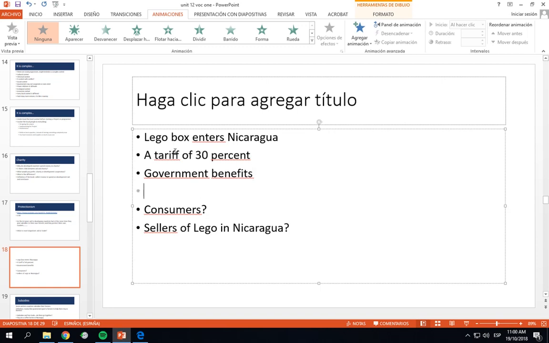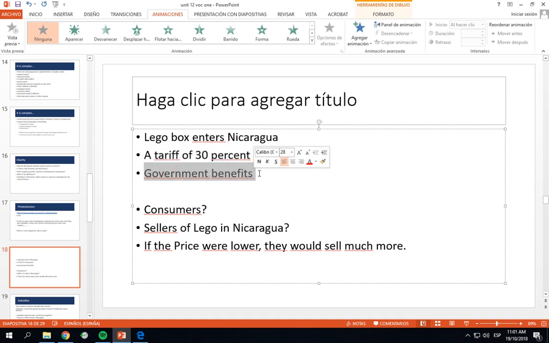Okay, it's very clear that the consumers suffer because of this, because the price is high, so they have to pay more for LEGO. So it's not good for consumers. The sellers of LEGO will sell some LEGO, but if the price were lower, they would sell much more and make much more profit, because this 30%, only the government benefits from that.